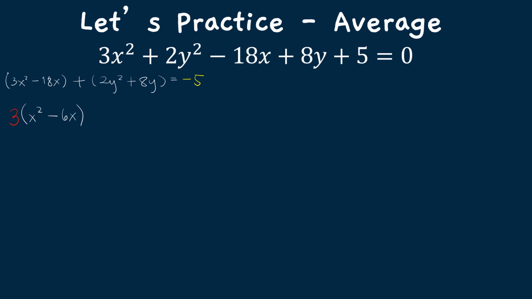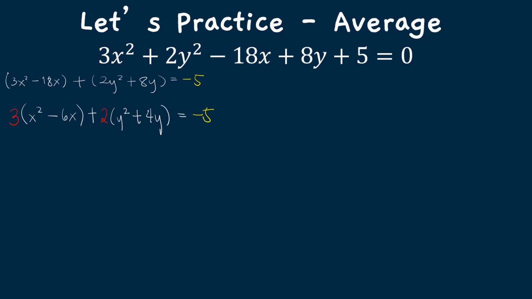It will result into plus 2 multiplied by y squared plus 4y is equal to negative 5. Don't forget to factor out the coefficient first before you do the completing the squares.